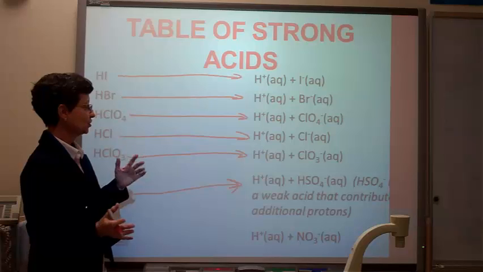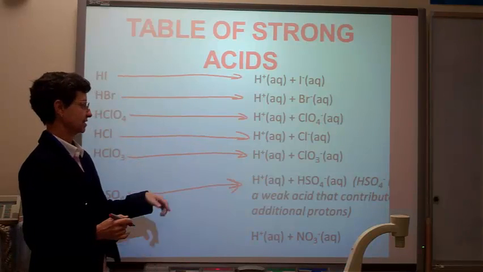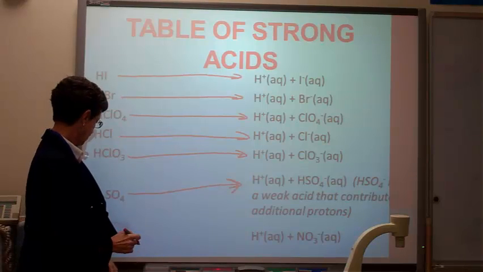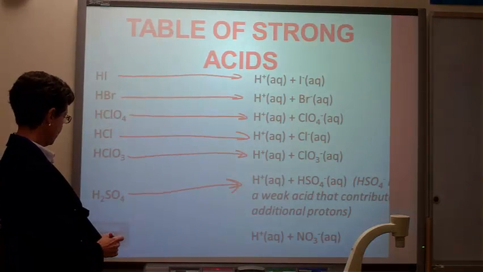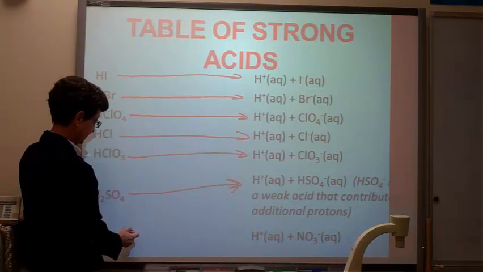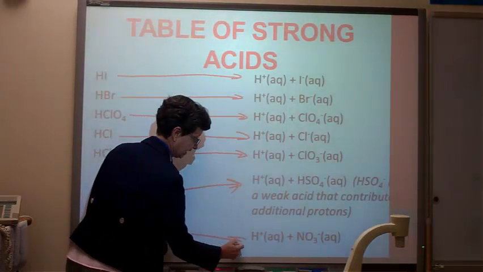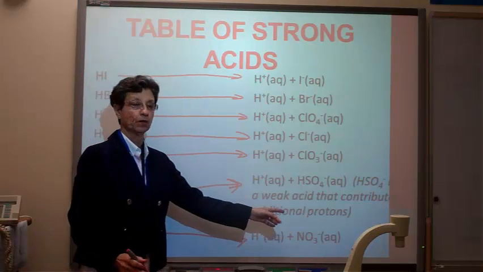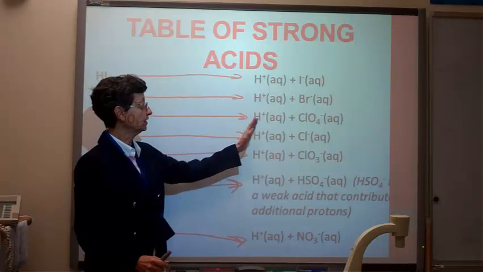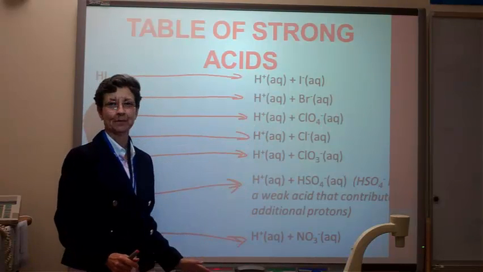All right, so the HSO4- can contribute additional protons. There's one more down here that you cannot see, but now you can, maybe. This is nitric acid, and nitric acid dissociates to form H+ and NO3-(aq). So notice all of them dissociate in the same way.